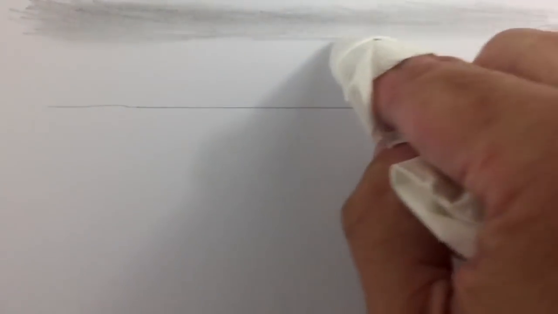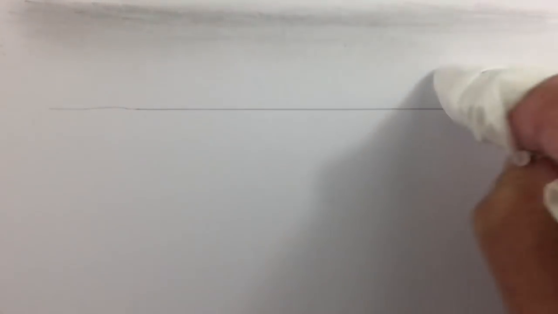Now, we take a paper towel and make like this. You see, I am blurring the graphite I have put on the paper, making this appear like a degrade, okay, like this.